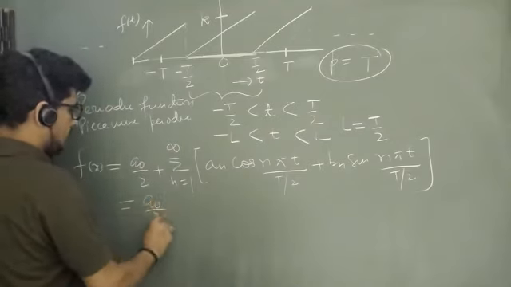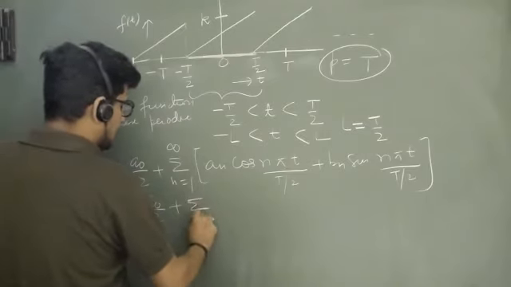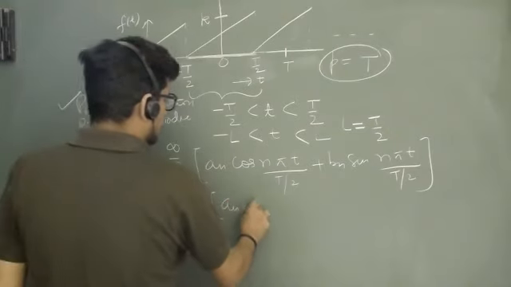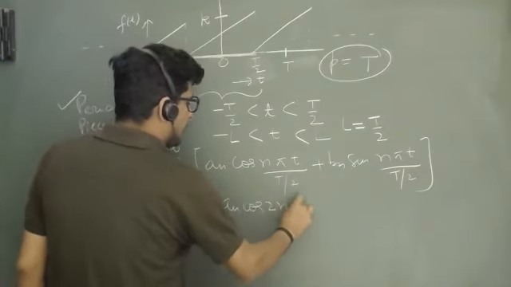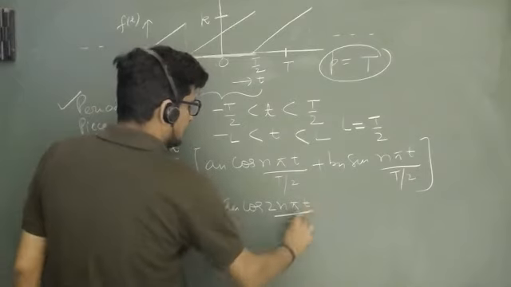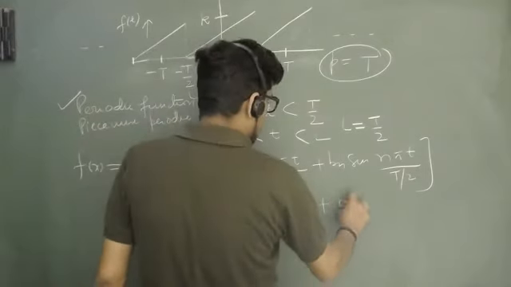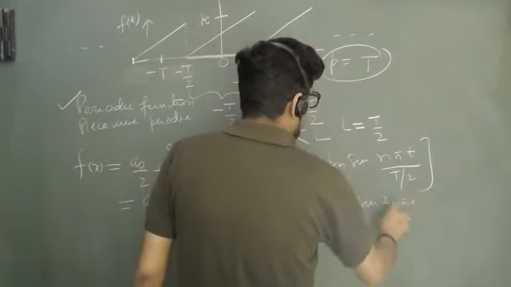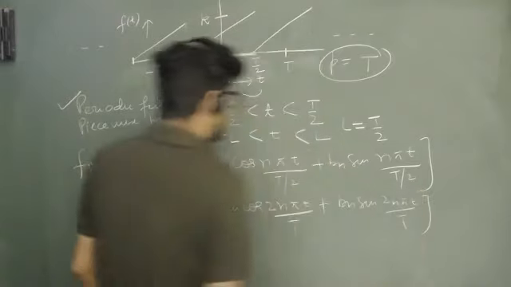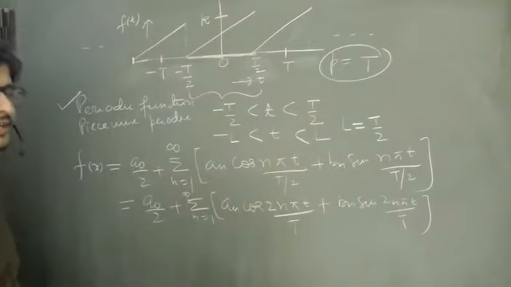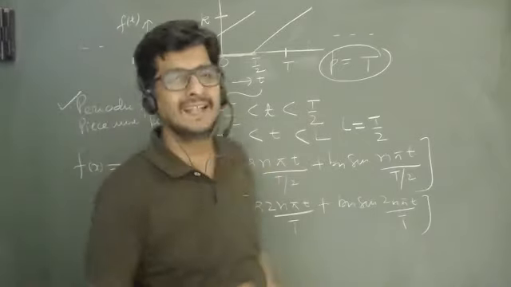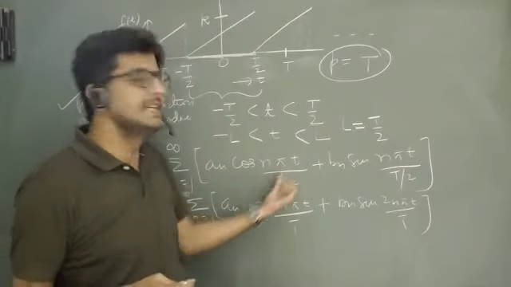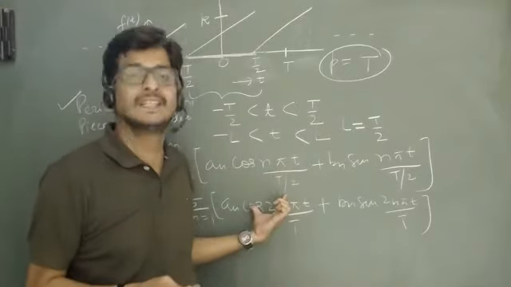The moment you write it like this, summation n equals 1 to infinity of a_n cos(2n pi t by T) and b_n sin(2n pi t by T), more than 3 options are gone just by writing it in a proper way, because in other cases it was n pi t by capital T in the series.